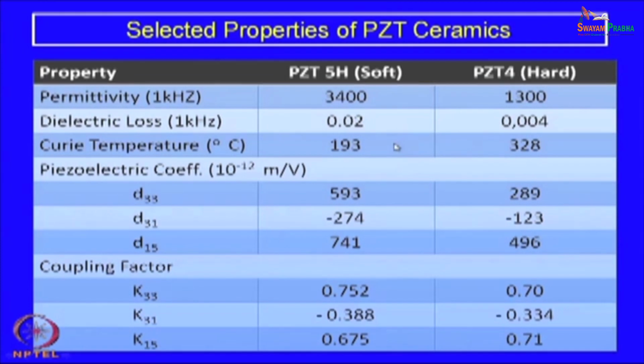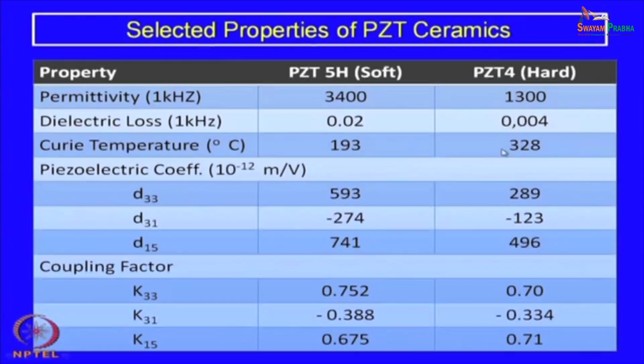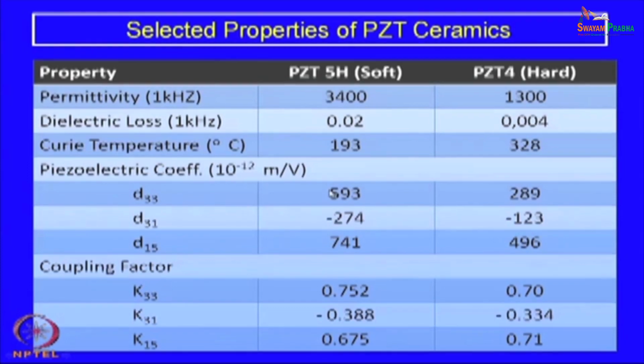So, compared to this, one can enhance the Curie temperature to fairly large values. So, there is one group of materials called soft PZT, and this is hard PZT, and they have some kind of designations as well.